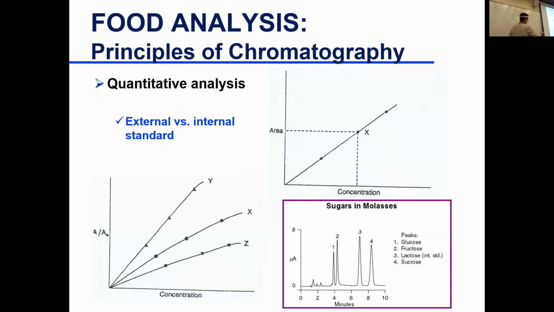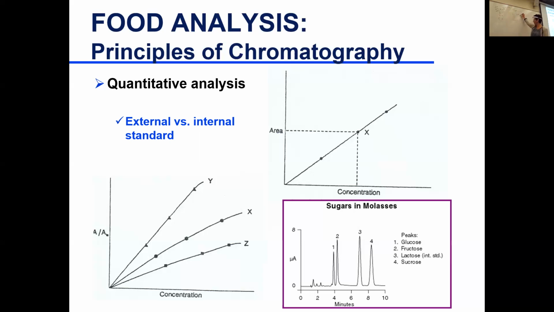And then what I get is when I plot, I have the concentration of my standards, glucose concentration 1, and then 2, 3, 4 different concentrations, all with the same concentration of lactose. All will be added the same concentration.